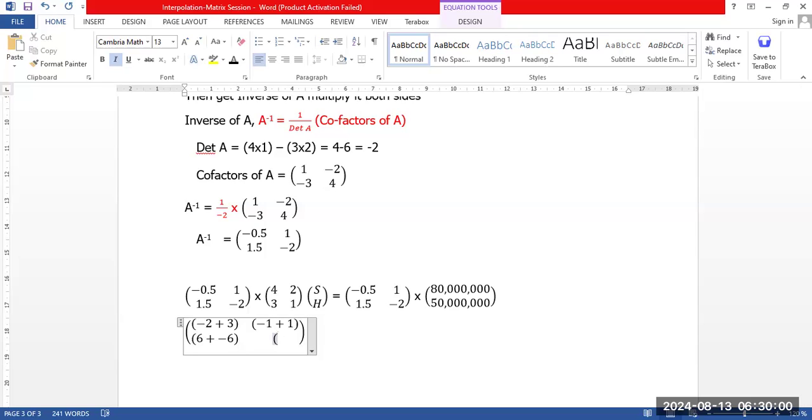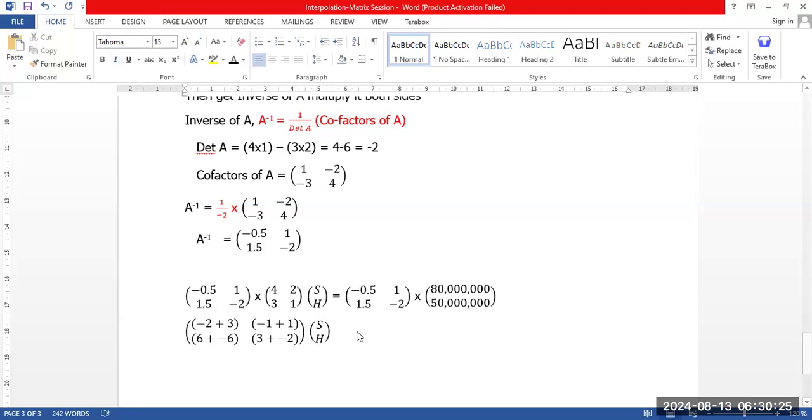Do you get 3? Then plus negative 2 times 1, which is negative 2. Okay. Then you multiply by this.